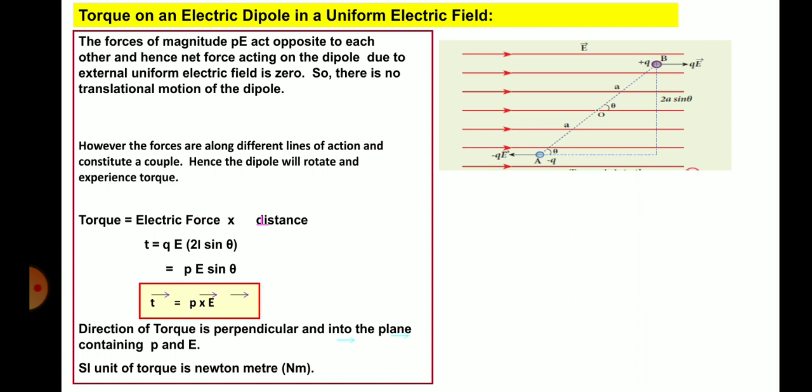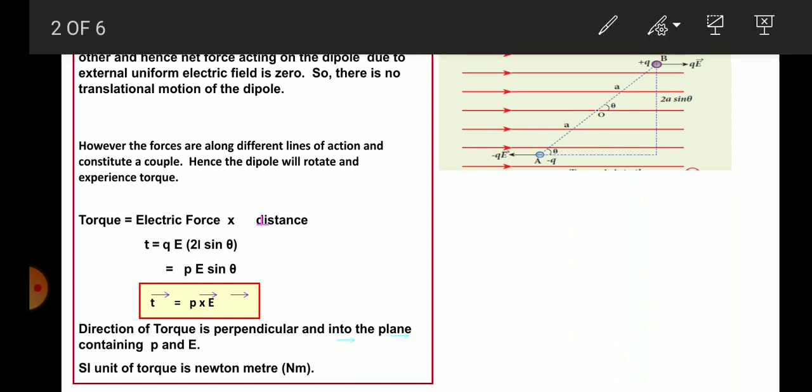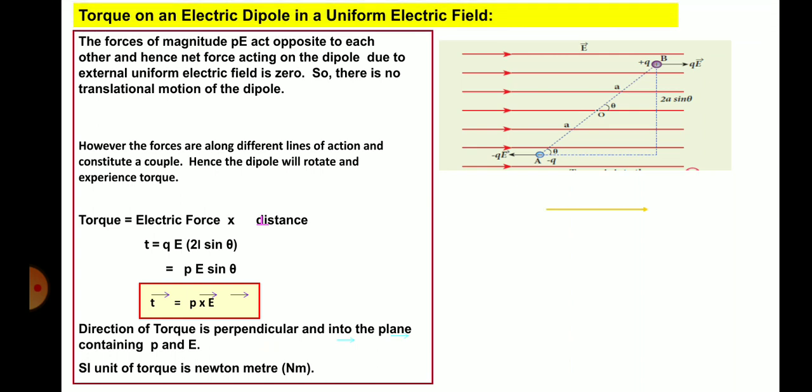Then the SI unit for torque is, see that the electric force is there. What is the SI unit for force? Newton. The distance is measured in meters, so the SI unit of torque is Newton meter. Now let me draw the dipole moment, electric field and torque directions.